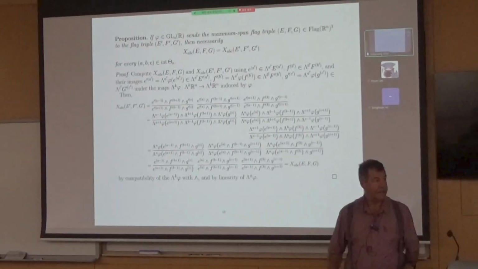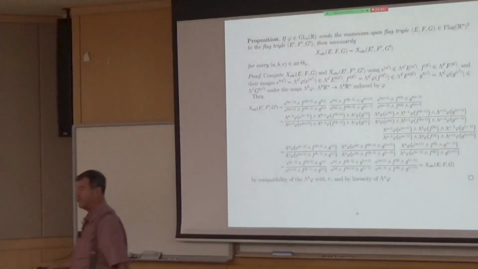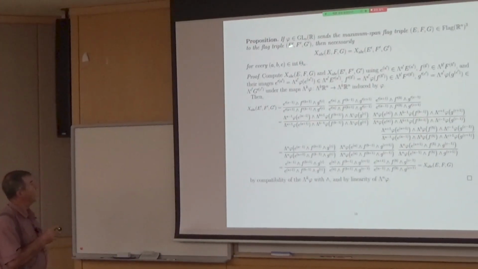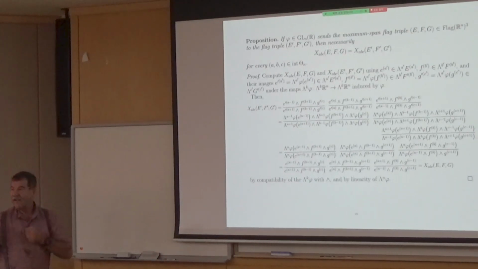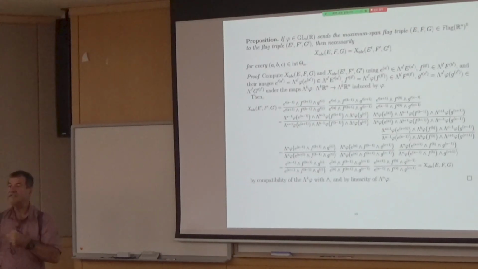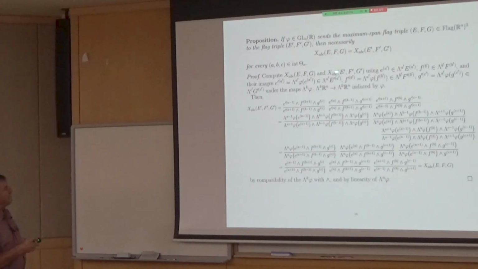Okay, and then we have the same result as for double ratios. Namely, if there is a linear isomorphism sending the first triple of flags to the second triple, then necessarily all the triple ratios are the same. And it's essentially the same proof, but it's the grown-up version without determinants. So let's compute these 2 vectors.